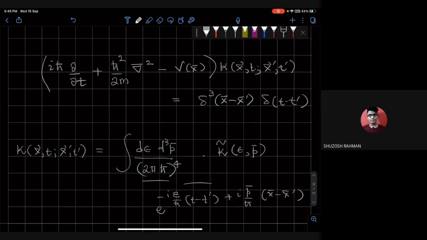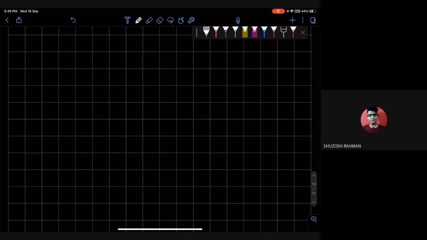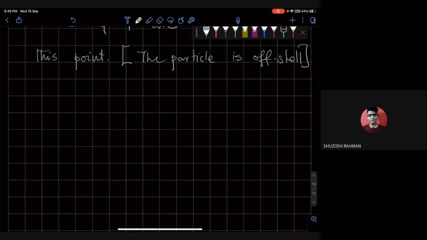So now we look at the right side of this equation. The right side of this equation is the Fourier transform of the delta functions. The delta functions have very easy Fourier transforms. The kernels are just constants.